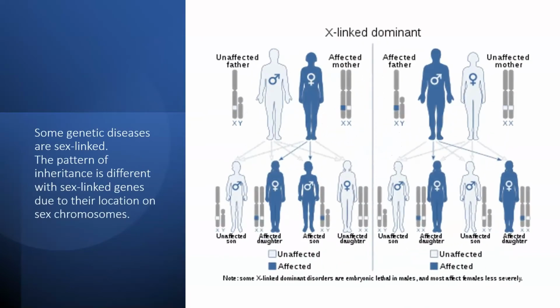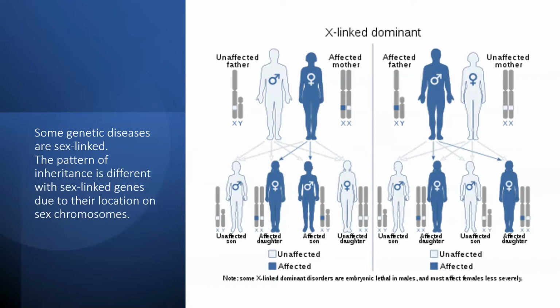Now, all those conditions we've spoken about so far are autosomal linked. Now let's have a think about sex linked. Here we've got two images of X-linked dominant. We're talking about the X chromosomes, remembering that females have double X and males have XY. If the female is carrying the dominant gene, the female is affected.